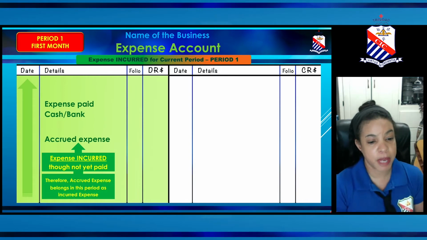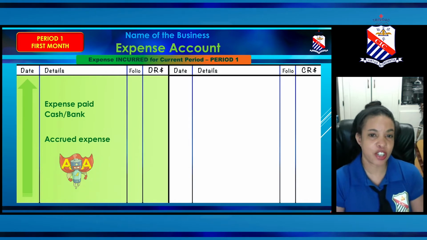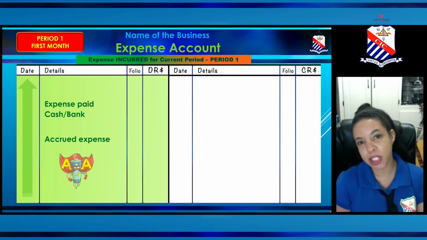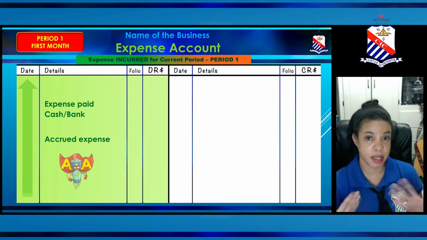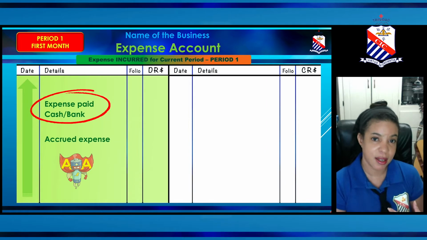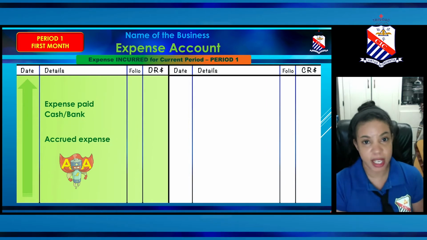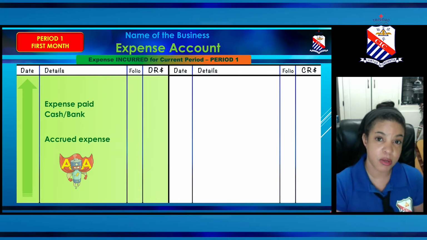So the accrued expense belongs in this period as it is incurred, and therefore it increases and has to be added to the expense paid, which is what we had been doing. Remember when we were doing the income statement and we had to calculate the expense incurred? The expense incurred was the expense paid, add the accrual. So that is what we are doing here, just like that, but we are doing it in the account this time.